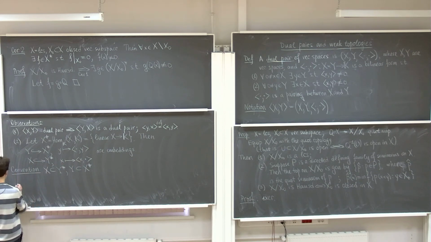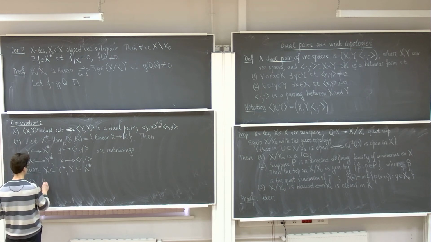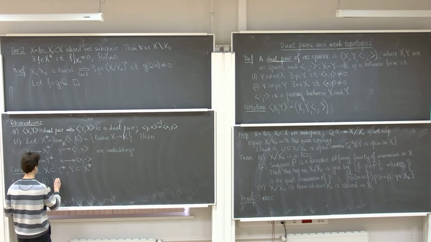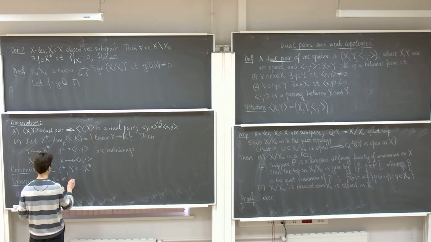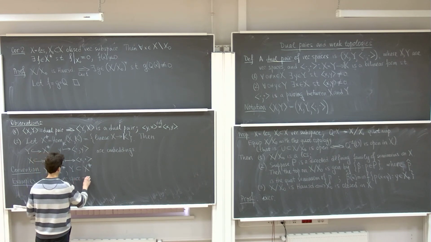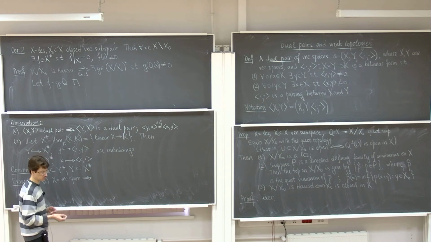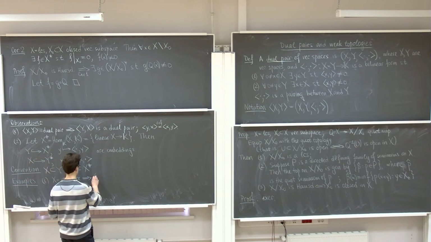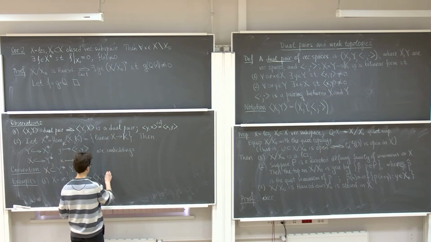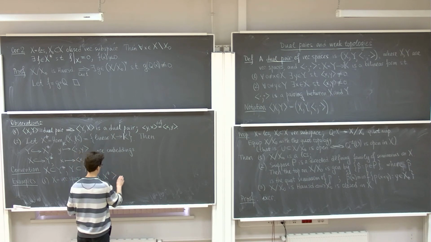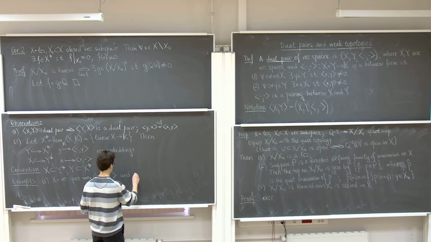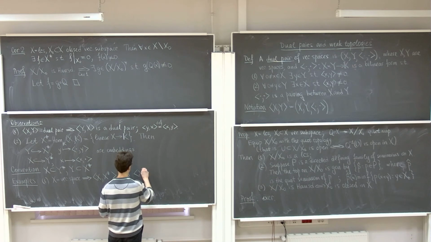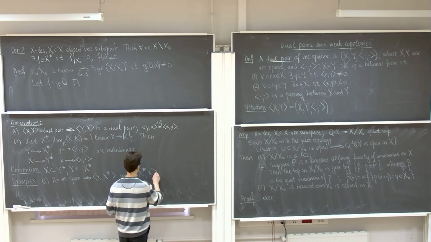Let's now look at some examples of dual pairs. Example 1: if X is an arbitrary vector space, then we can consider two dual pairs, X and its algebraic dual, and we can interchange them and consider X hash and X. And they are dual pairs.